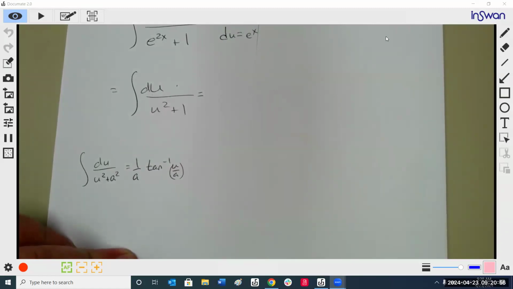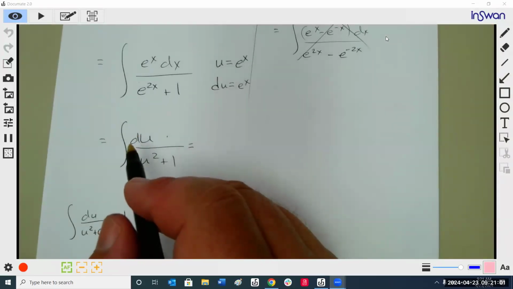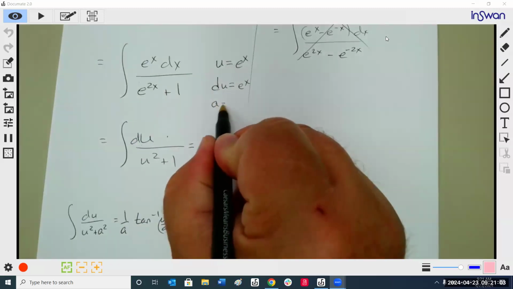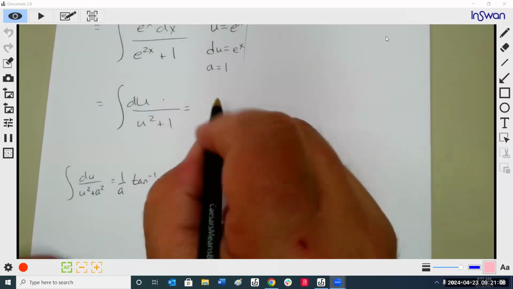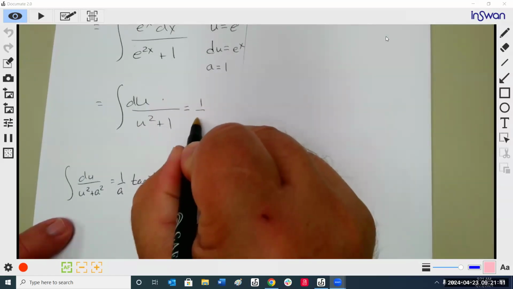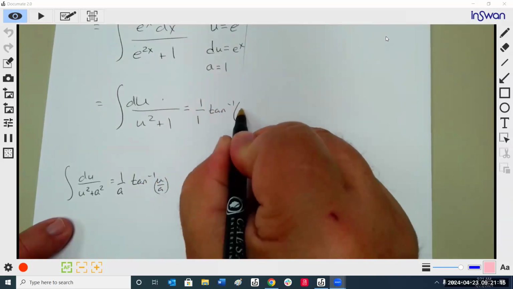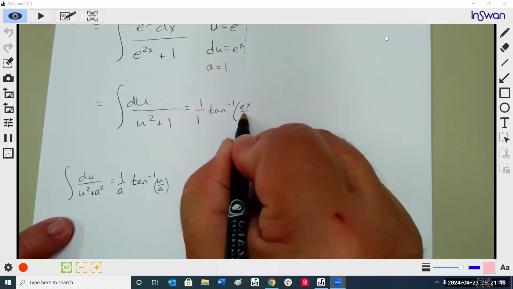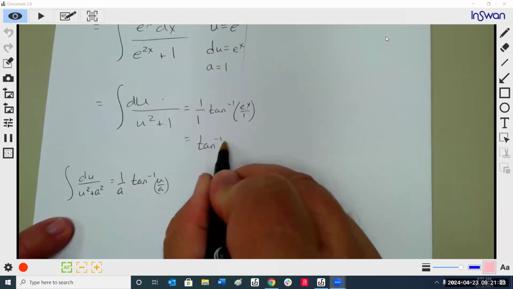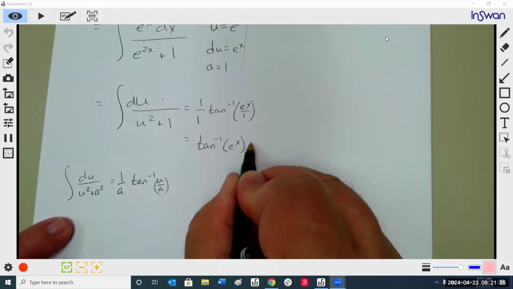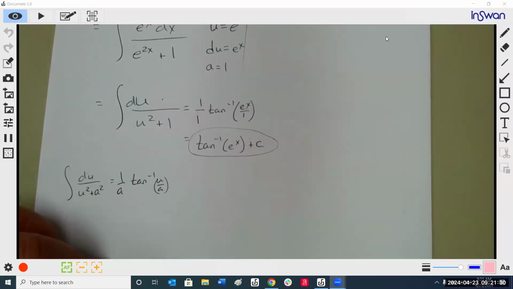So in our equation, u is e to the x. What is a? 1. So this becomes 1 over 1 inverse tangent of e to the x over 1, which is tangent inverse of e to the x. There's our answer.